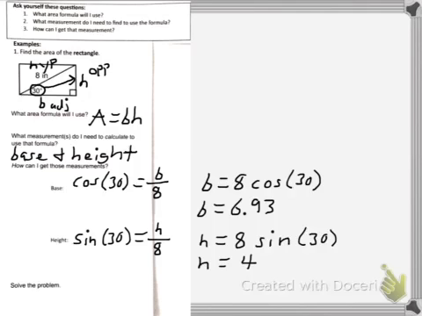Now, the last step on this is to solve the problem. We've found our height, we've found our base, we can plug those in the area formula for our rectangle. So once again, area equals base times height, we said. So my area is going to equal 6.93 times 4.